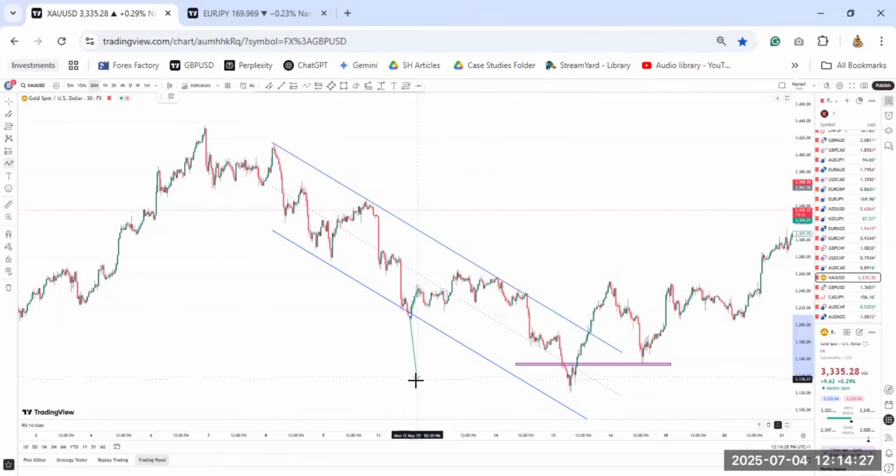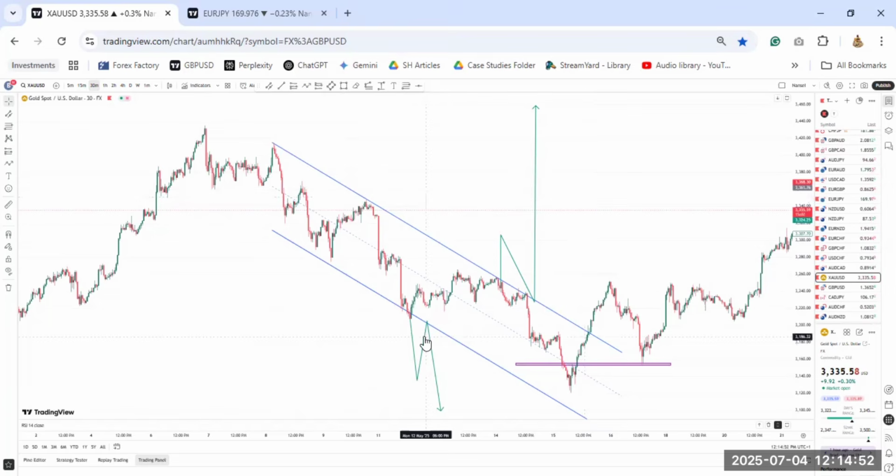Sometimes it can break downward like this, go back to retest, and then continue going downwards. Or we could have a break to the upside. It could break up like this, it will retest, and then it will continue going upwards. Anyhow, price has to what? Break the channel.